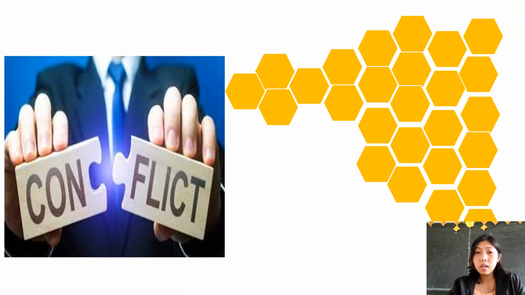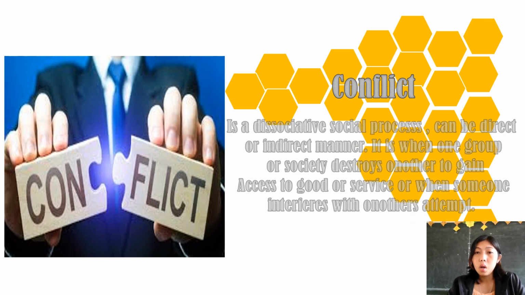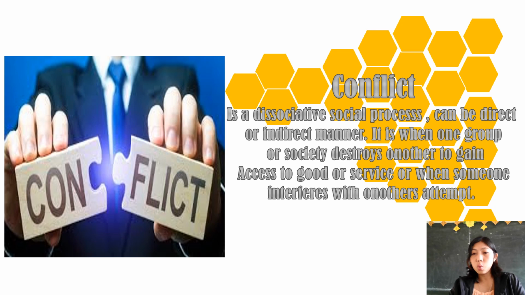Okay, let's learn about your last one. We have your conflict. Conflict is a dissociative social process, can be direct or indirect. This is when one group of society destroys another to gain access to good or service, or when someone interferes with another's attempt.